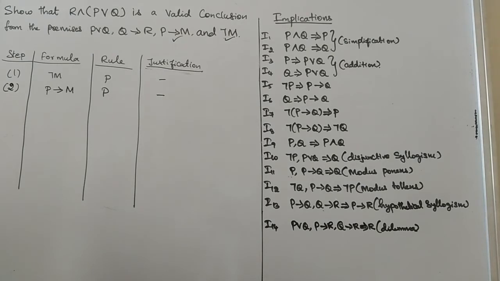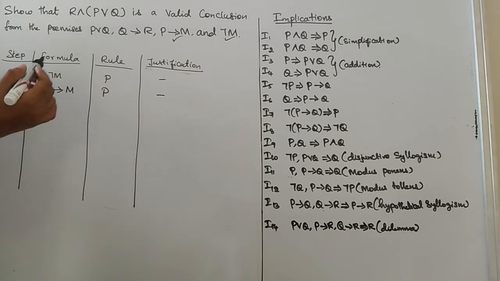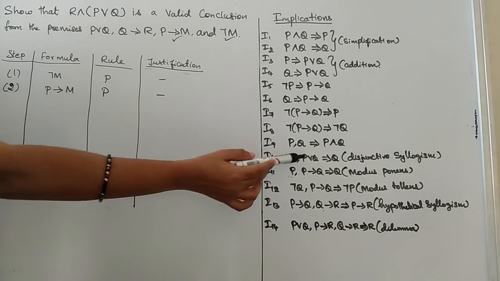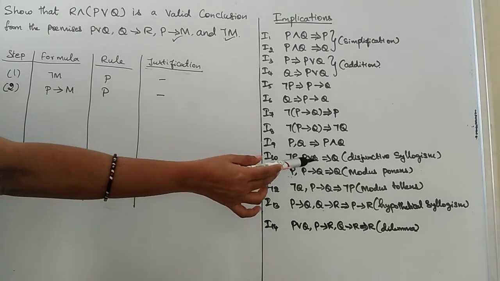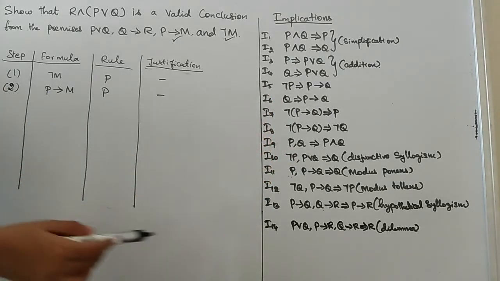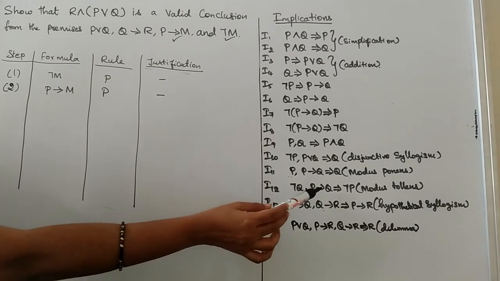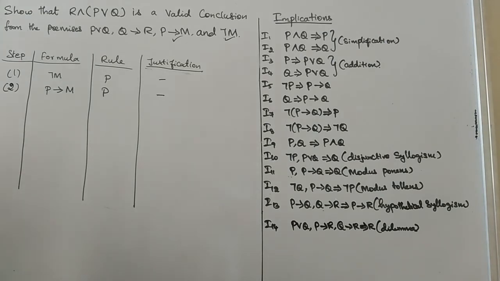Next, based on these two steps, I am going to trace some implications, for example negate P. If I take I12, modus tollens, that is negate Q, P conditional Q tautologically implies negate P. In the same way, by using that formula, I am going to derive the result.